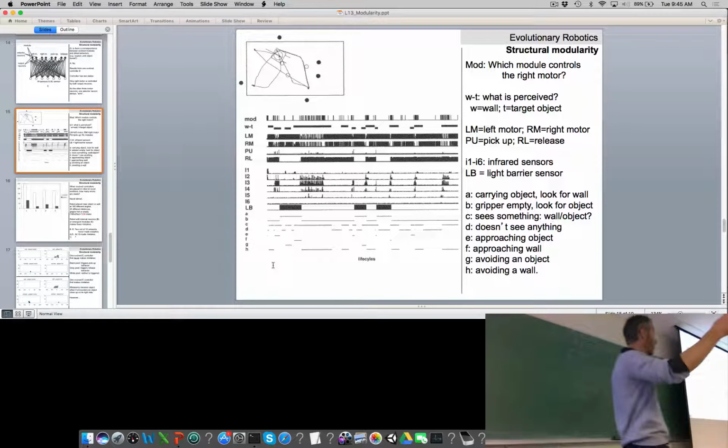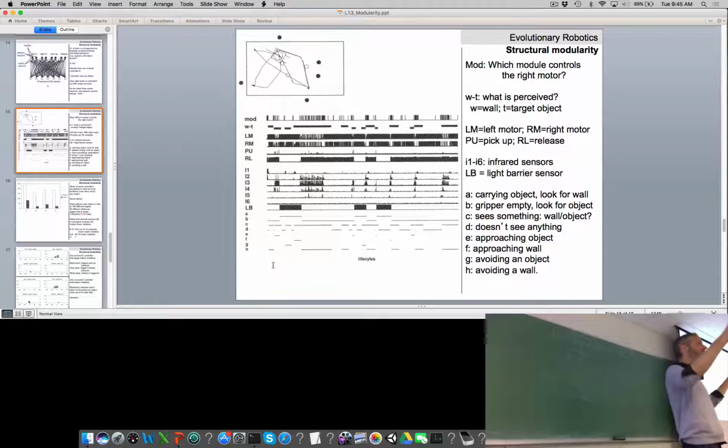We could actually measure those sensor values and say, okay, when infrared 1 is between 0.2 and 0.3 and infrared 2 is between 0.1 and 0.9, then it uses module 0, otherwise module 1, but that doesn't mean much to us.